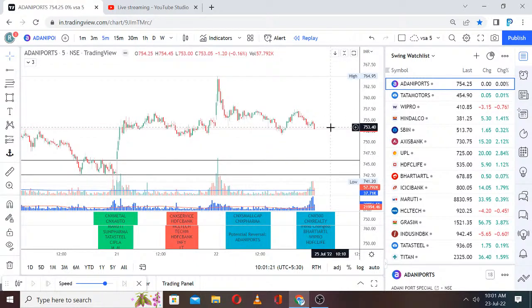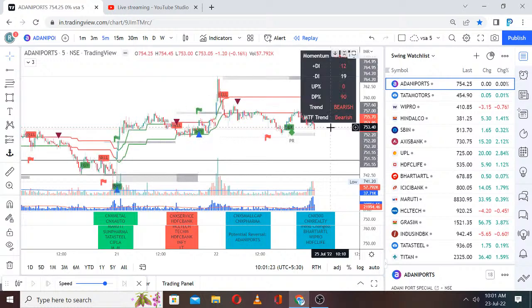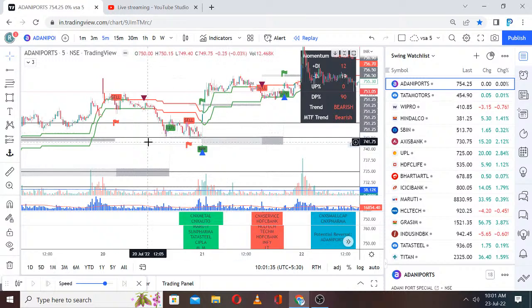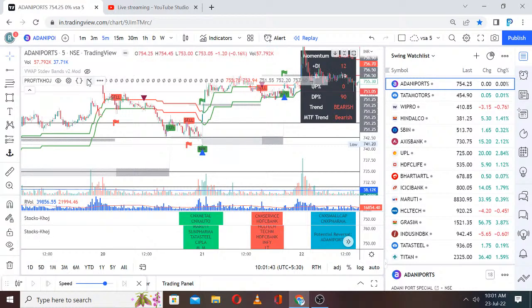So once the setup is formed, the market does not retrace as much, and it usually catches momentum. But in stocks, it's not so easy. So once a signal is formed, even then we have a retracement.